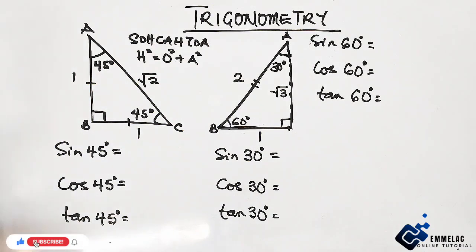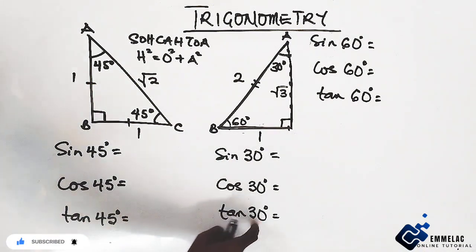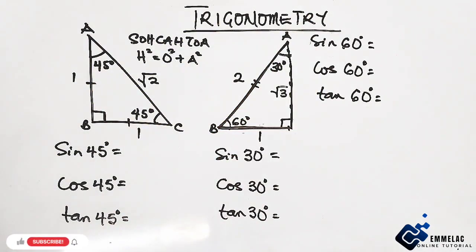Alright, now let us look at the sine 45-degree, the cos 45-degree, the tan 45-degree, the sine 30, the cos 30, tan 30, and 60-degree respectively.